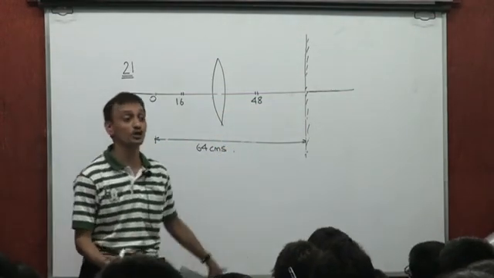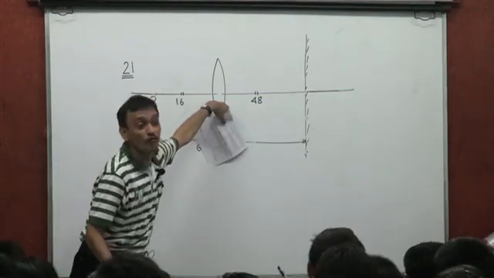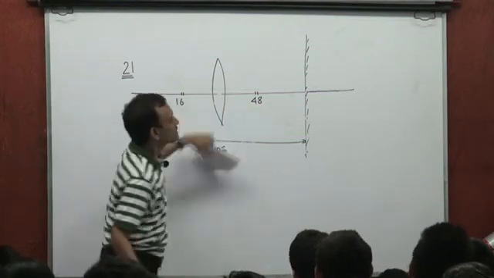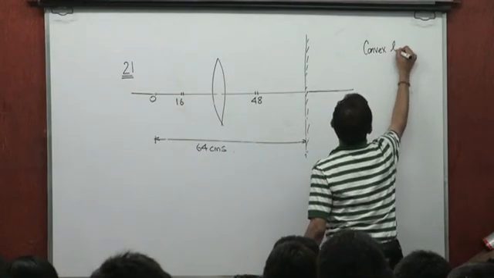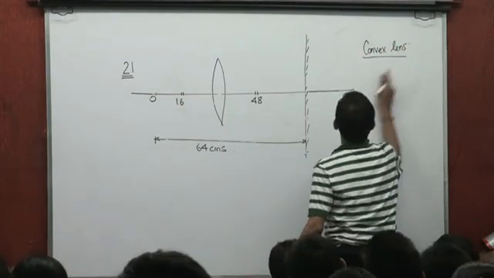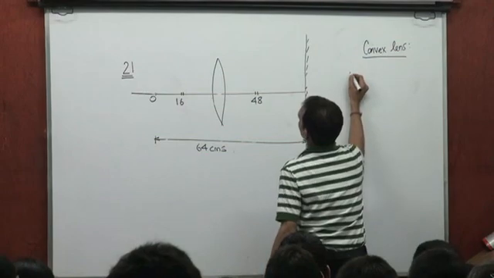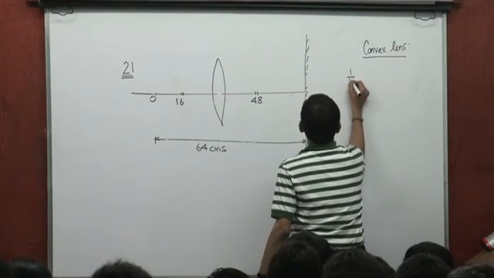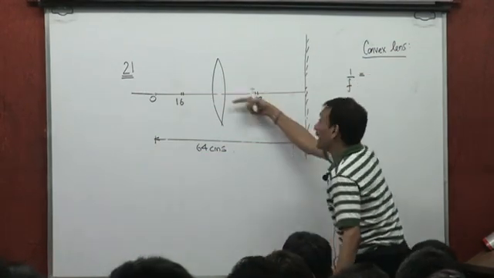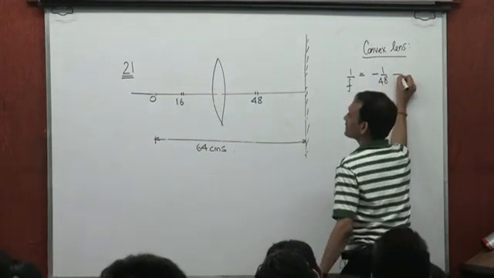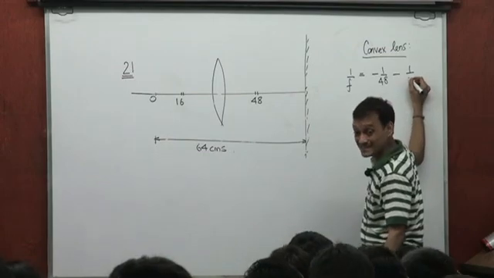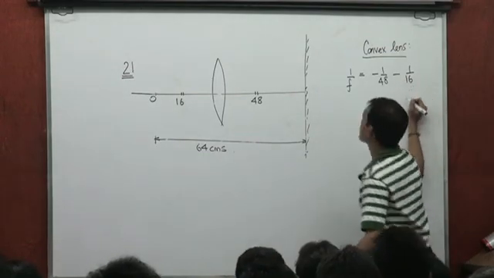So that gives us an opportunity to compute the focal length of the lens, right? So for the convex lens then, 1 by F is minus 1 by 48 minus 1 by U. U is plus 16.